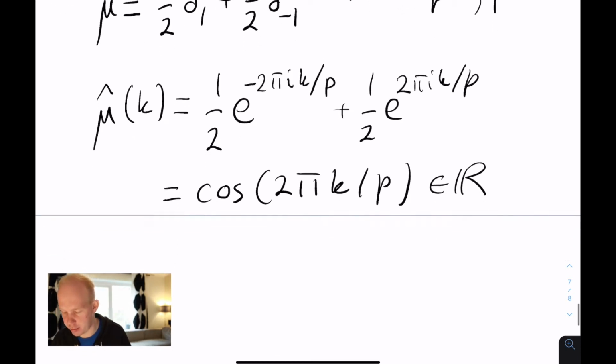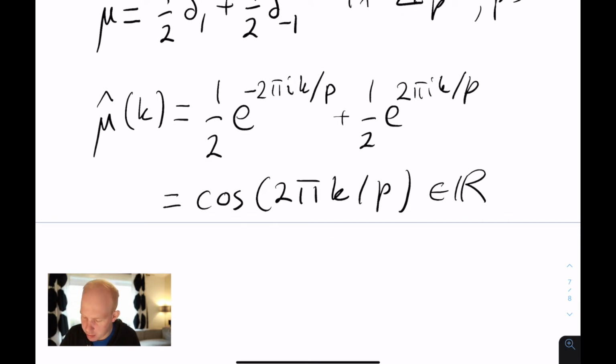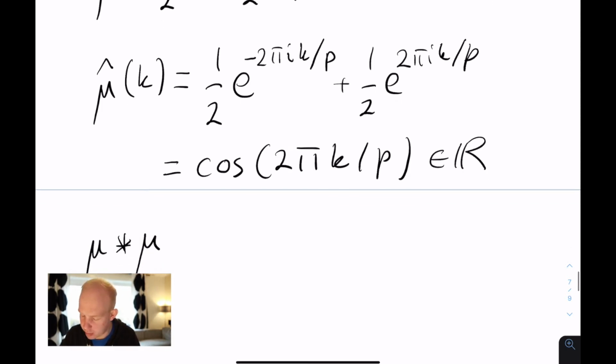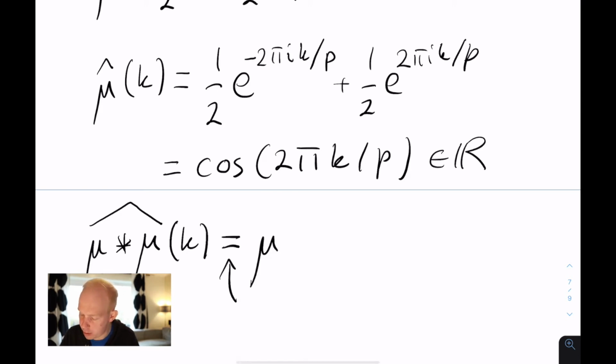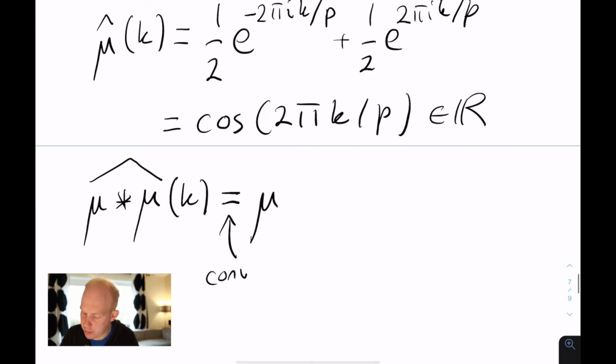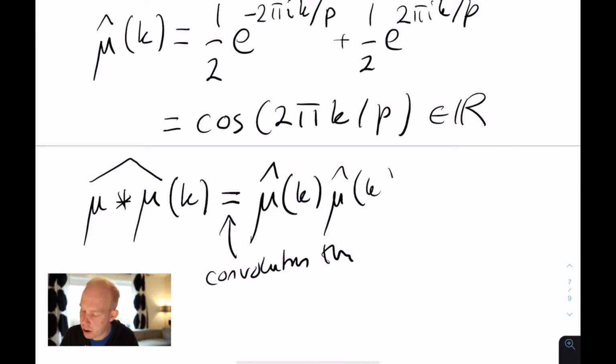What we now can do is, if you start to take a convolution, let's say with itself, we can then study this convolution power. So we can take first the Fourier transform of this at the point k. Then by this definition, if we open this up, by the convolution theorem, this is equal to the Fourier transform at k times the Fourier transform at k.